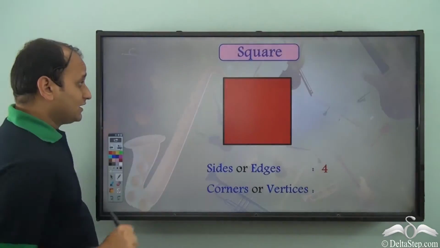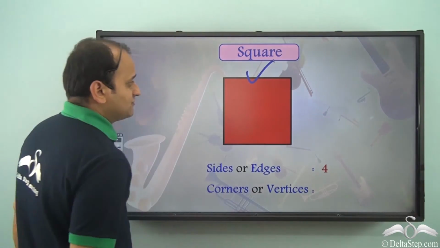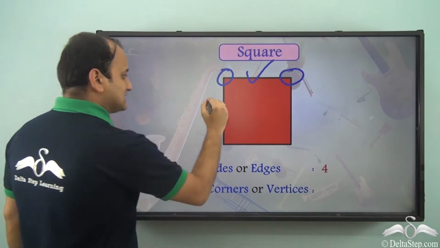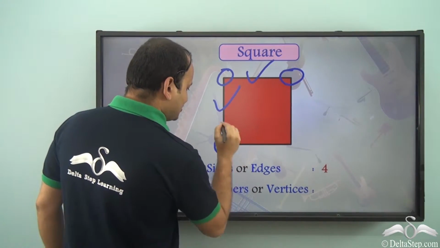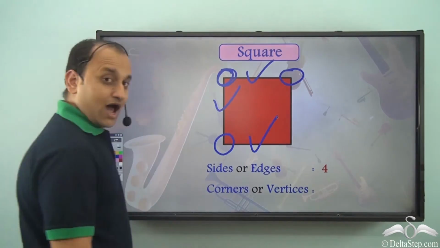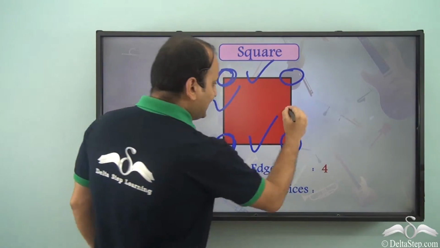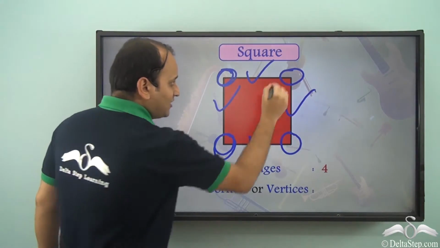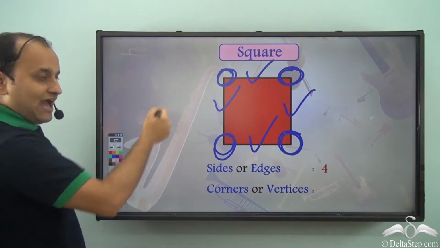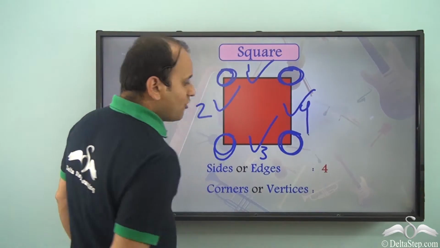So, in this shape, this is one line which is joining 2 corners. This is another line which is joining 2 corners. Then this is another line which is joining 2 corners. And then this again is another line which is joining 2 corners. So we have 1, 2, 3, 4 sides.